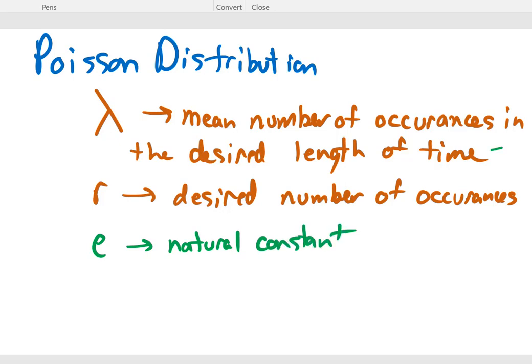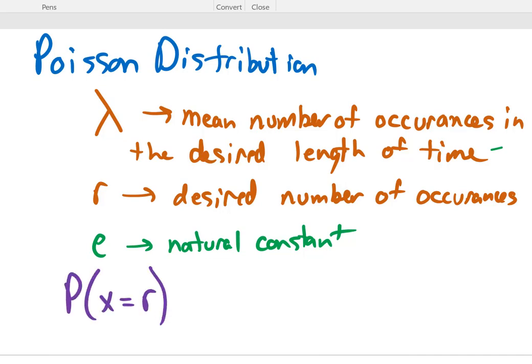So the formula for that probability, the probability that X equals r, in other words, that we have r occurrences in this given period of time, is e to the power of negative lambda, times lambda to the power of r, divided by r factorial. So let's look at some examples of this.